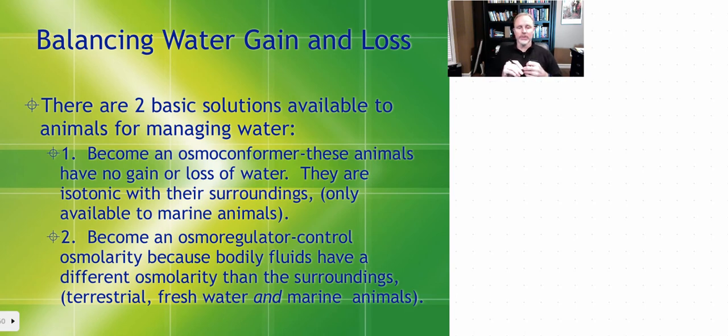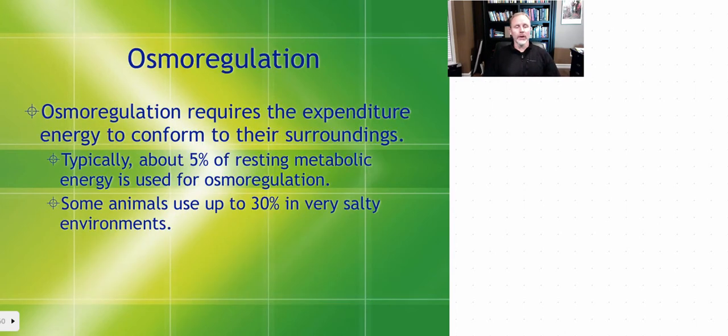And then you can also become an osmoregulator, which is what we are. And you can control the osmolarity of your body fluids when they're different than those in the surroundings. So you can think of terrestrial animals, freshwater animals, and then of course some marine animals are also osmoregulators.